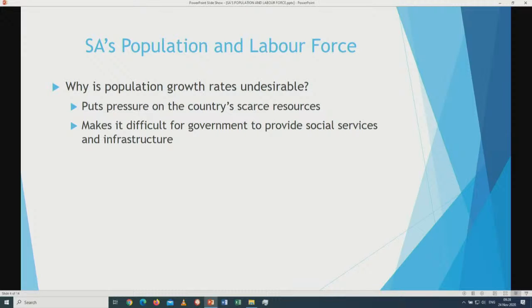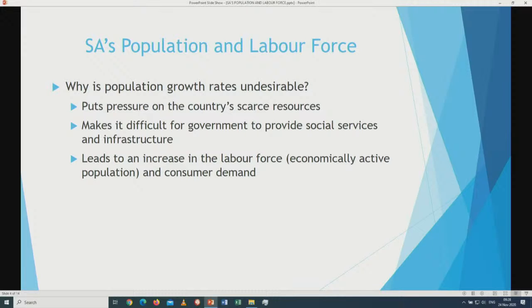The parks, they will not be able to provide for such. When new areas develop, like the informal settlements, sanitation and sewage must be installed in those areas. Water must be installed, and roads must be made proper in those informal settlements. But if the population grows faster than the economy, then it will be difficult for the government to provide such infrastructure.